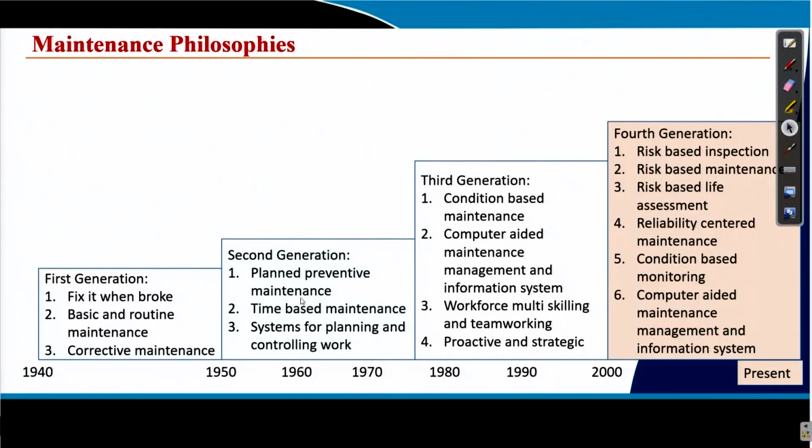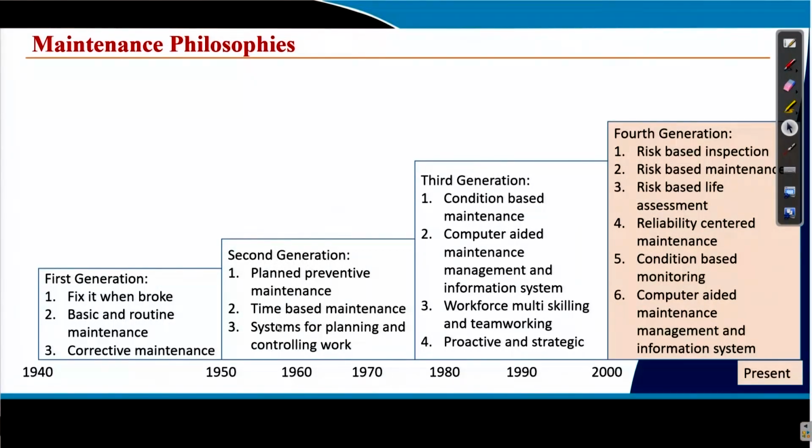The first generation, from 1940 to 50, has the philosophy of fix it when broke: basic and routine maintenance and corrective maintenance. The second generation has planned preventive maintenance, time-based maintenance, and systems for planning and controlling work.